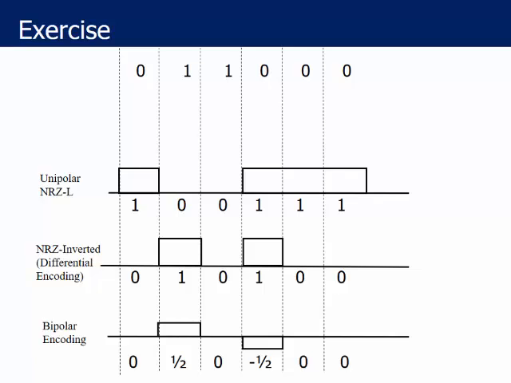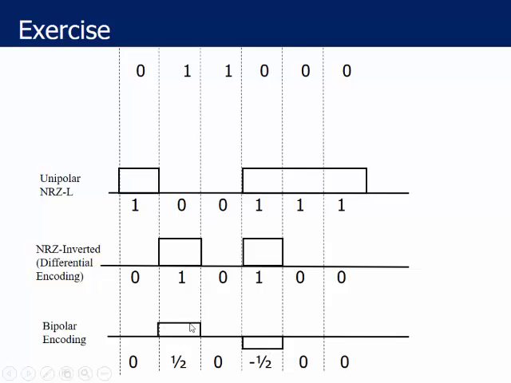The bipolar encoding technique is very similar to NRZ-I, but we want to use half value in a polarized fashion, so positive half and negative half. Once I use a positive half, the next one will be negative, alternately.